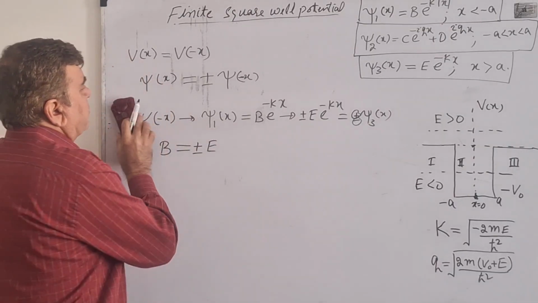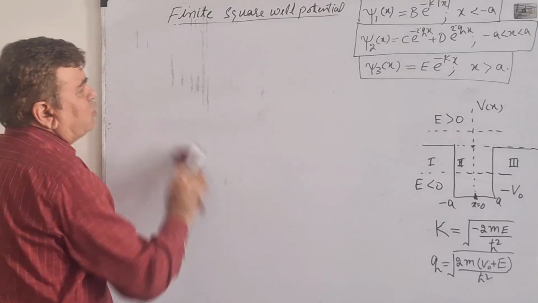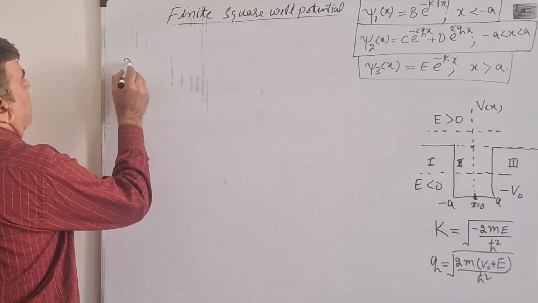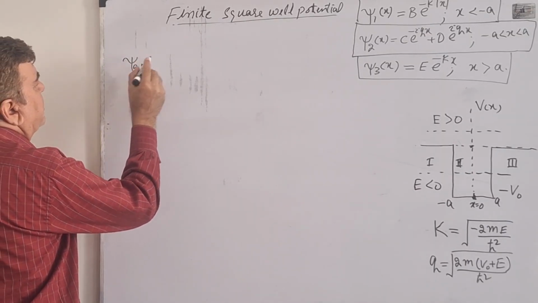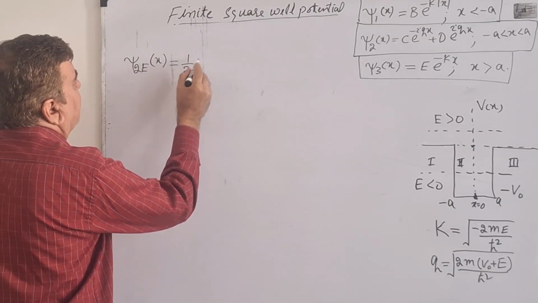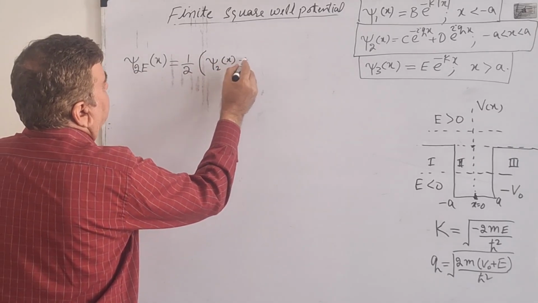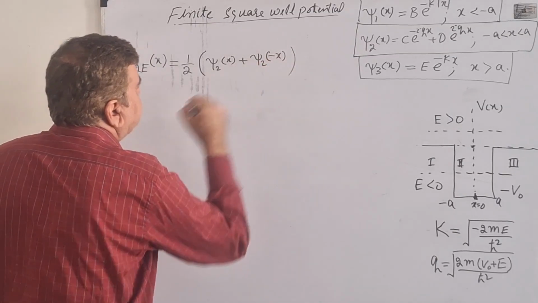And in order to put wave function psi 2 into definite parity, I construct a wave function of even parity. So I put in e over here to tell me that it is even parity, in the form of half of psi 2 of x plus psi 2 of minus x.